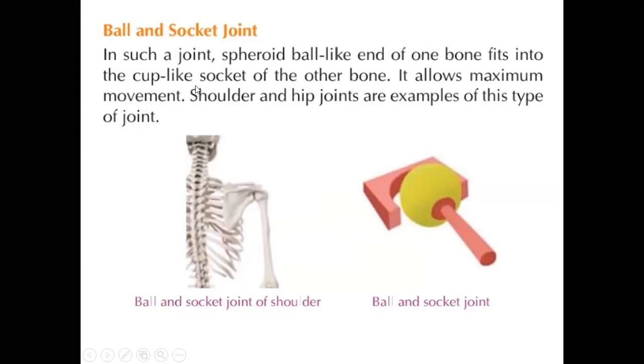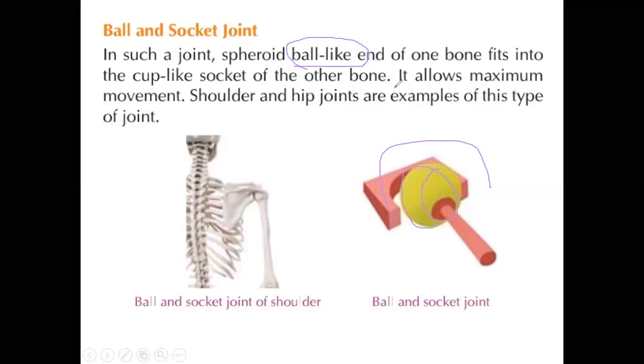Ball and socket joint. In such a joint, there is a ball-like structure, see this? The ball-like end of one bone fits into the cup-like socket of the other bone.